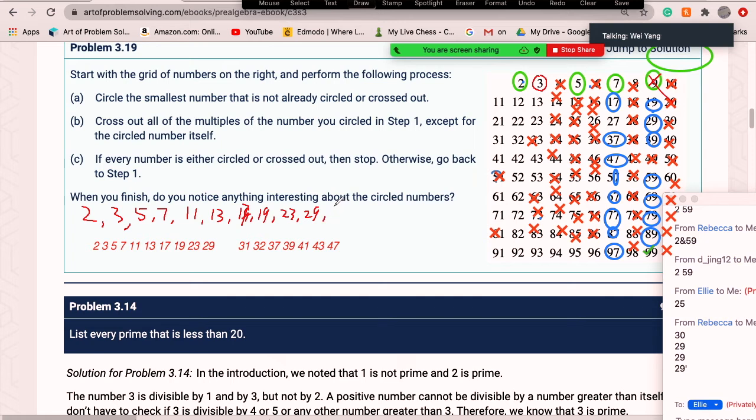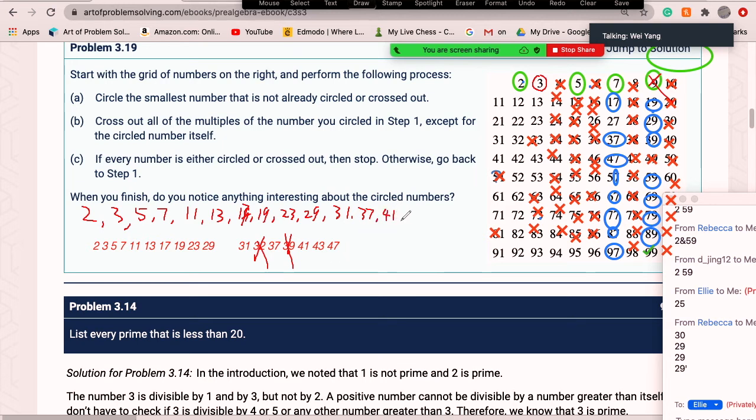Then 31. 32, how is 32 a prime number? 32 is an even number. 32 is wrong. Then 37, that's okay. 39 is also wrong, 39 is divisible by 3. Also, the next one is 41, but she already wrote that.